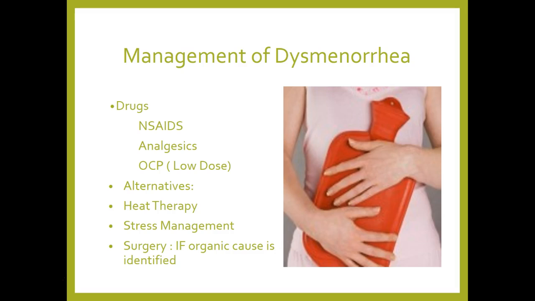And if there's some type of organic cause identified as the cause of dysmenorrhea, so that would be a secondary type, right? You may have to have surgery to remove a fibroid or correct some endometrial scarring, those types of things.